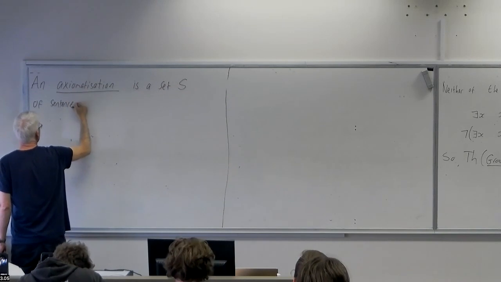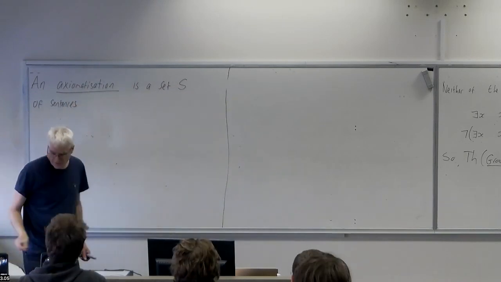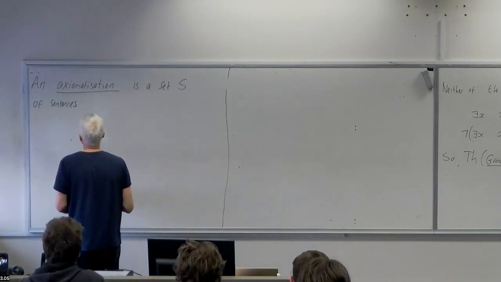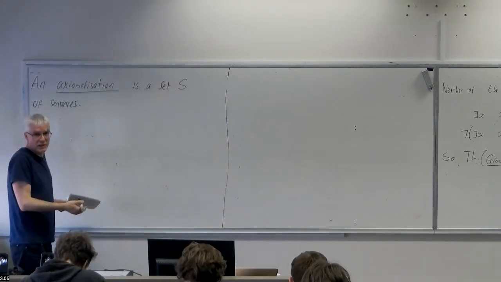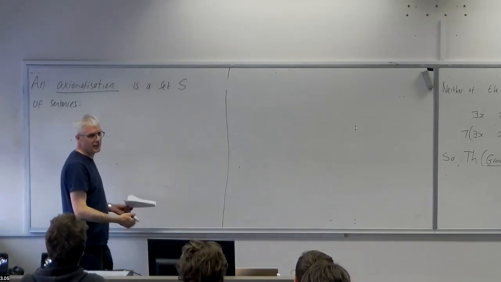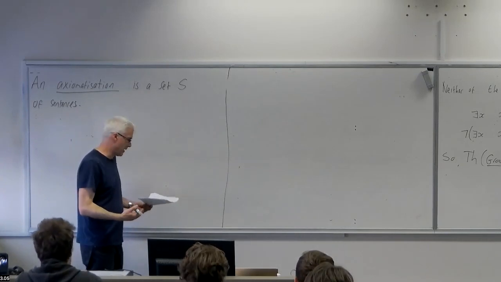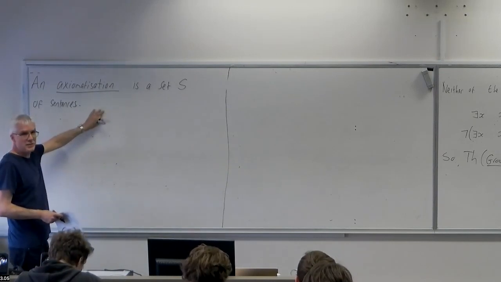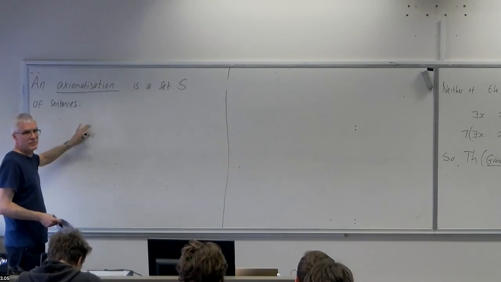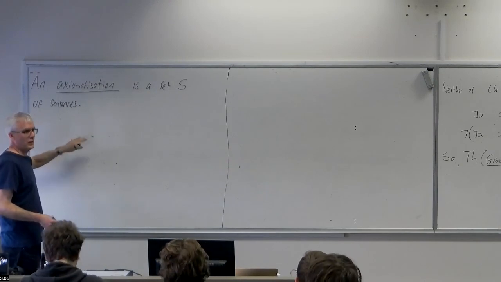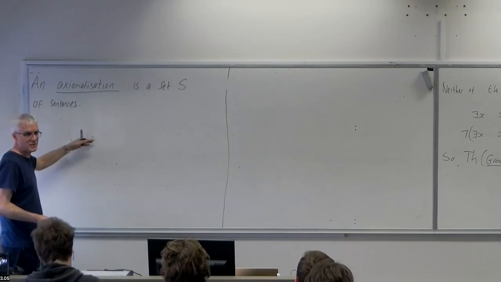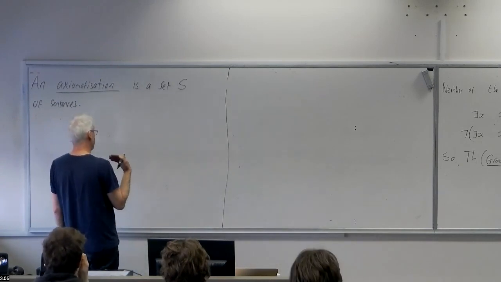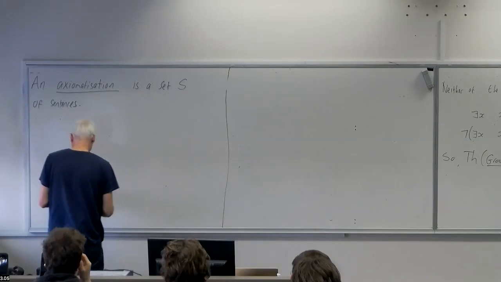I'm using capital S here for a set of sentences, over a given signature. Whenever we talk about a set of sentences, we mean over a given signature that we know. A set of sentences automatically defines a class of structures, namely all those structures that satisfy these sentences. That's the point of the axioms: we want to say we are interested in structures satisfying these properties.